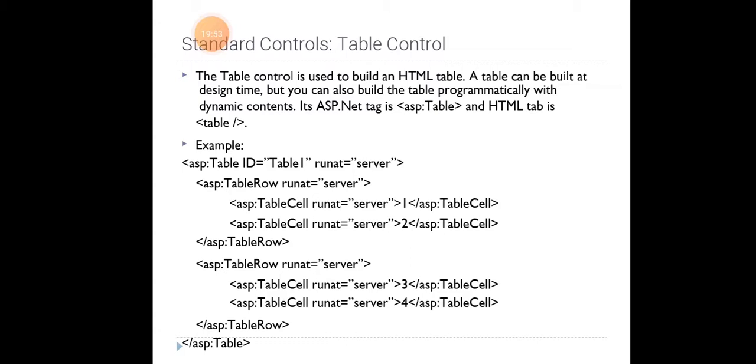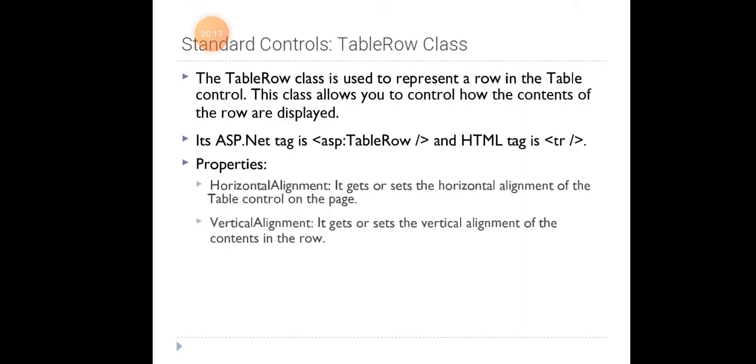At design time, it is a static table. If we build the table during runtime, it is a dynamic table. Here is an example: id equal to table, runat equal to server. After that we specify the attributes. Next, the properties of table control: HorizontalAlign, Rows, GridLines.